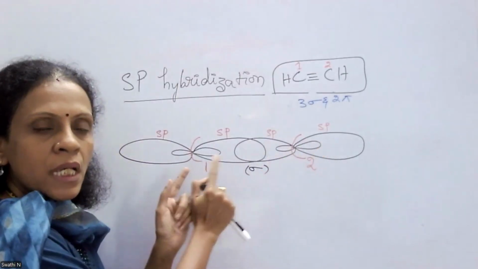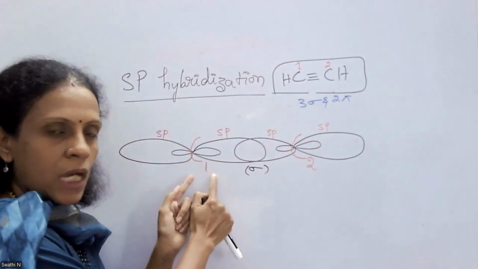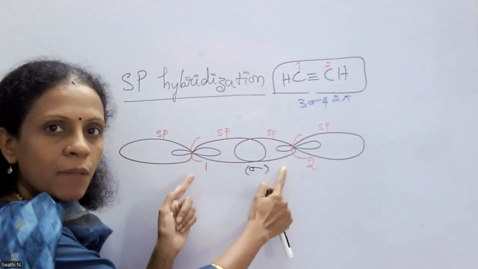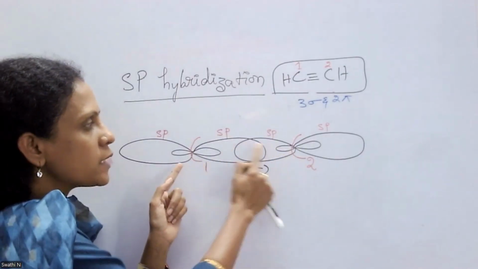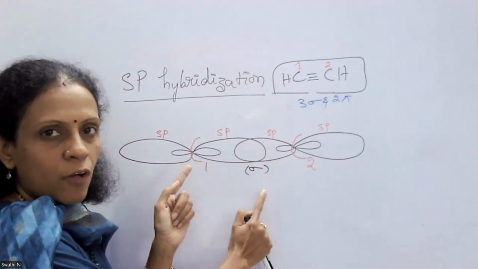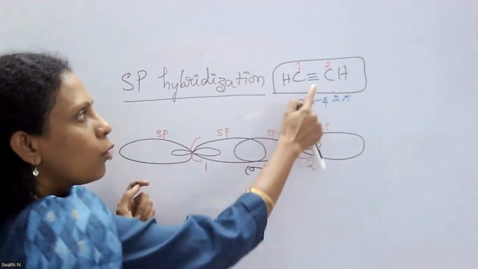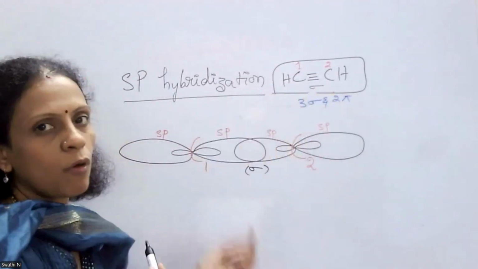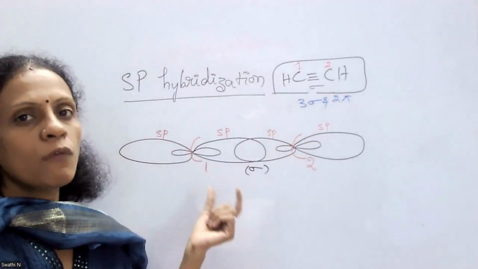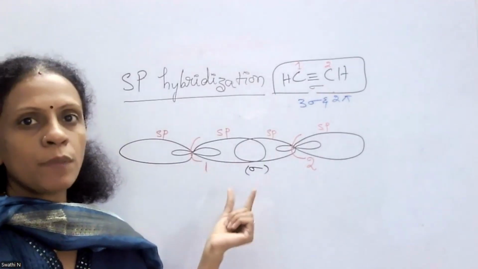So here what happens? The sp hybrid orbital of the first carbon will be overlapping with the sp hybrid orbital of the second carbon. Because of this sp-sp overlapping, there will be formation of a sigma bond. So out of the triple bond, one bond is a sigma bond now.